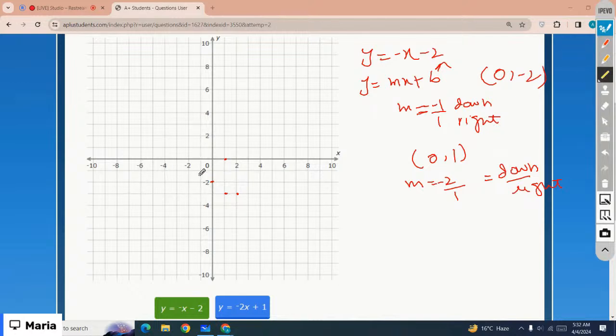First, let me just, okay, let me just draw the other point.